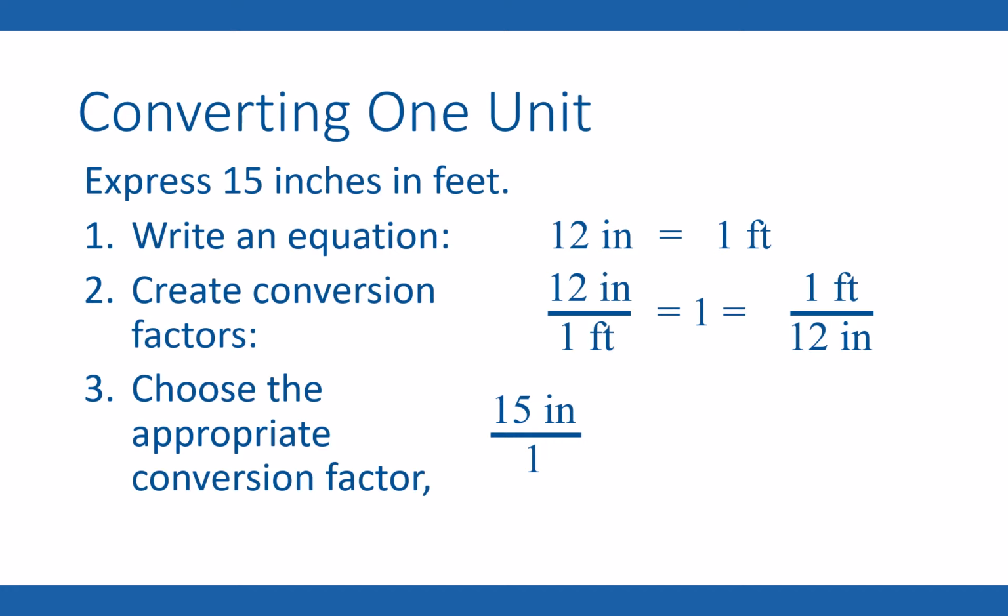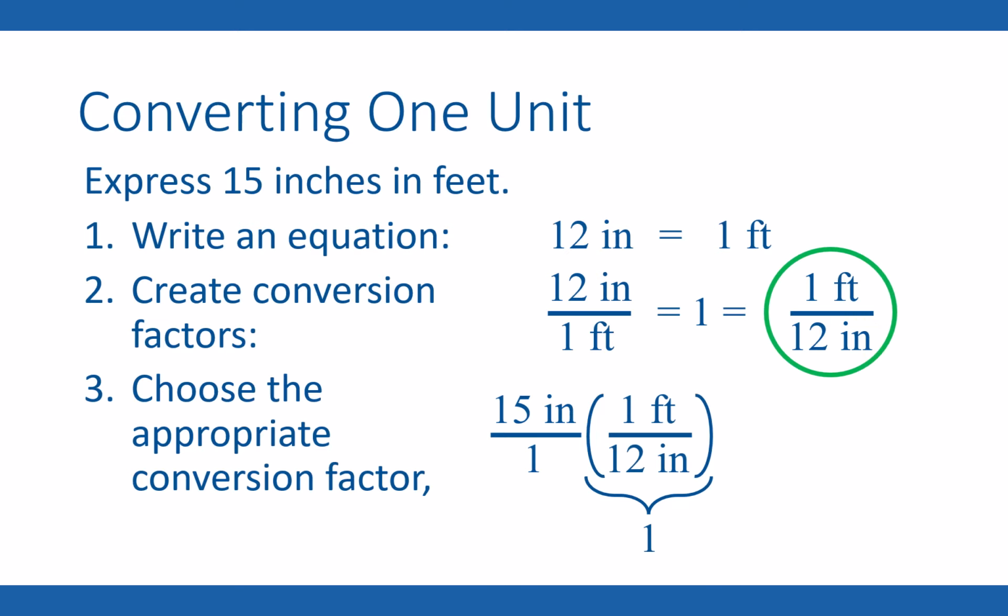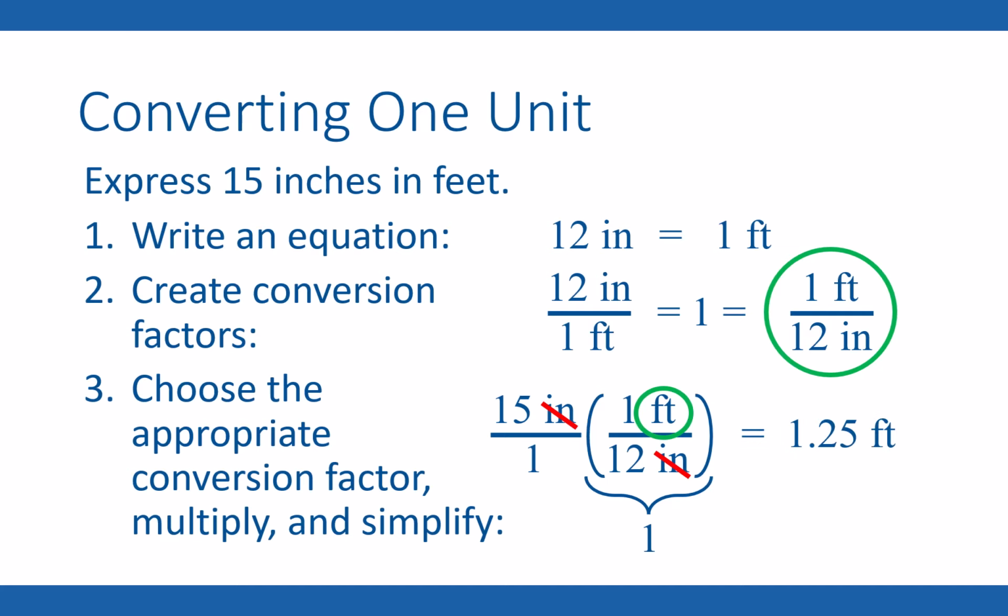To cancel them out, we need a conversion factor that has inches in the denominator. When we multiply by that conversion factor, the inches cancel and we are left with feet in the numerator. Dividing the numbers, we find that 15 inches equals 1.25 feet.